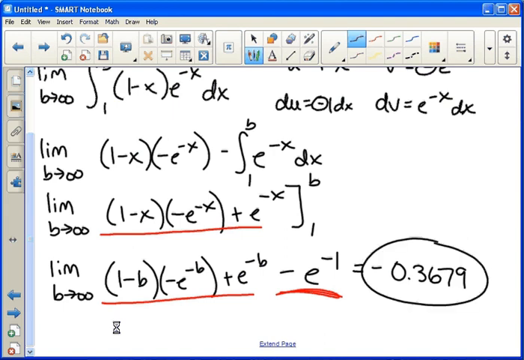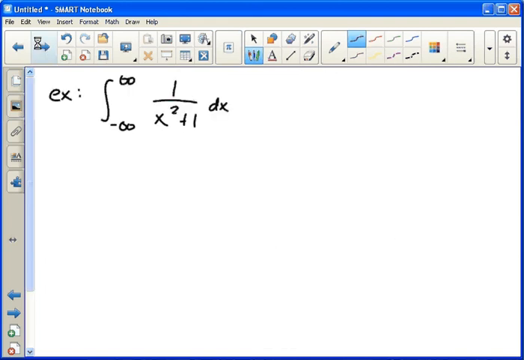Alright, last example. We've got two things that are improper here. The infinity on top and the negative infinity on the bottom. If you have two improper things like this, then you have to do two different integrals. So I have to split this up. I'm going to make it integral from 0 to infinity of 1 over x squared plus 1 plus the integral from negative infinity to 0 of 1 over x squared plus 1.